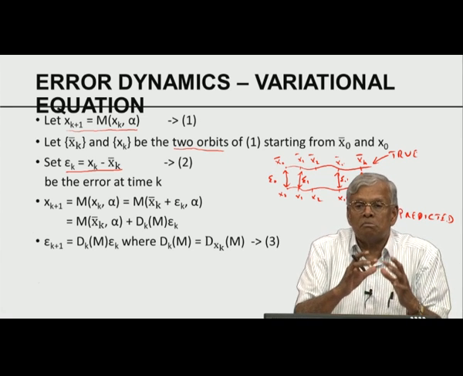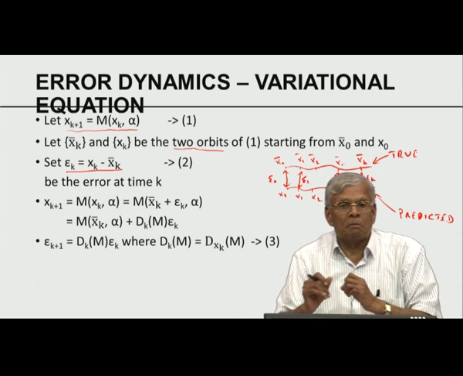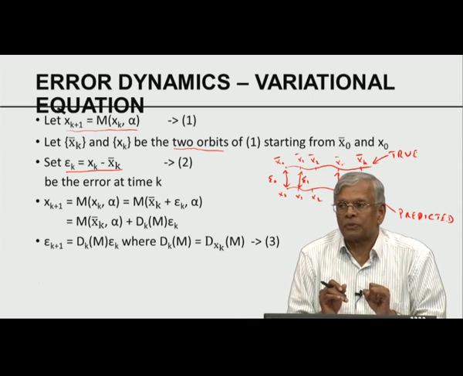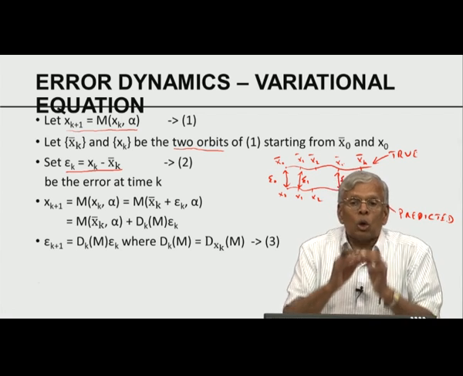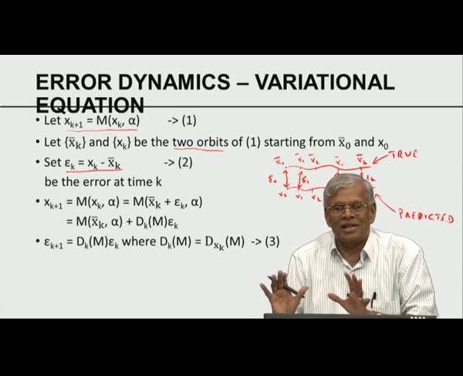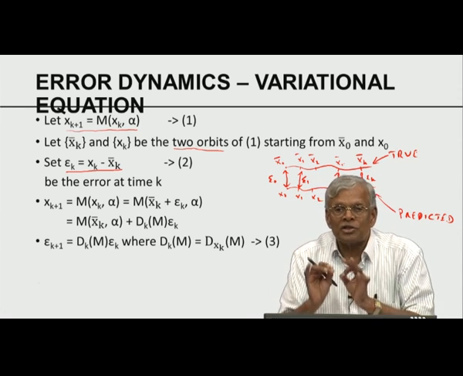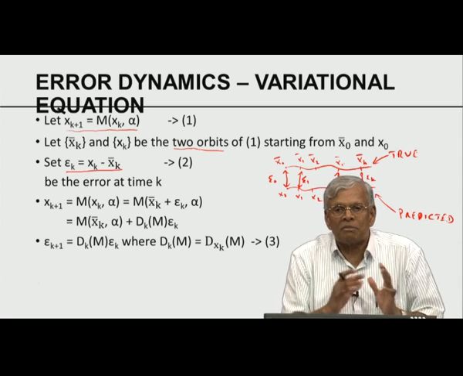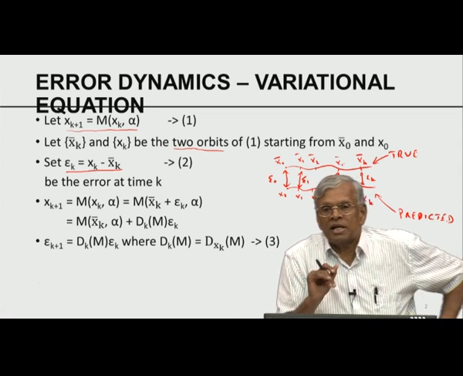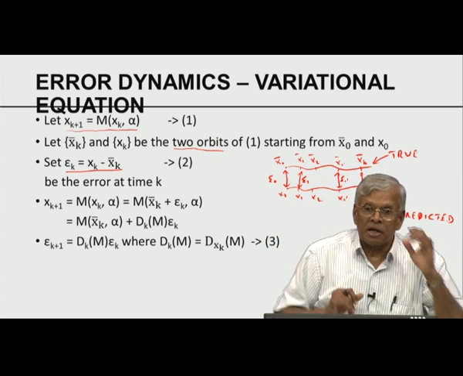So stable models can be used to create better predictions, but not all models are stable. So the quality of prediction depends essentially on the sensitivity of the model to errors in the initial condition. This is the fundamental theme of predictability analysis.